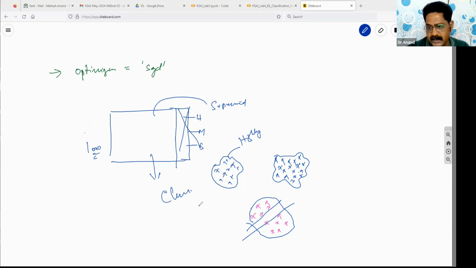Your k-means clustering will not give you the subcluster information. But when you do agglomerative clustering, with the help of the dendrogram you can easily see that overall these records are one subcluster and these are another subcluster.